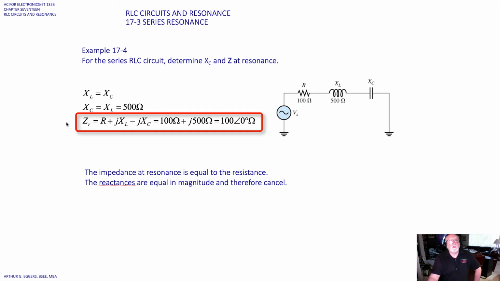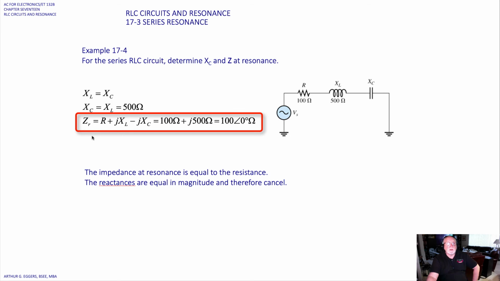So the rectangular form, Z at resonance, notice the little r down here, Z at resonance is the vector sum of the resistor, the inductor, and the capacitor. 100 ohms plus j 500 ohms, gives us then a total of 100 at an angle of 0 degrees.